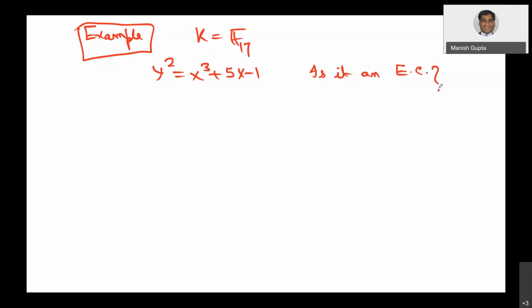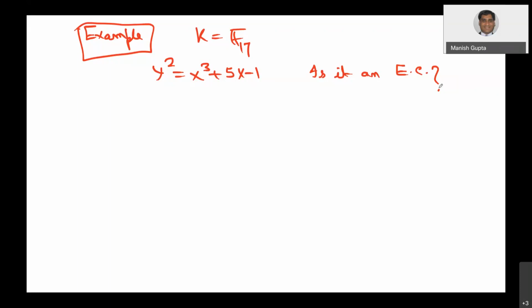Please try to answer me. Any answer? Ajit? Praveen? If an equation is given over some field, the first question I would like to ask is whether it is an elliptic curve or not. So what do we need to check? Using the Weierstrass equation, we can find the one-to-one mapping.